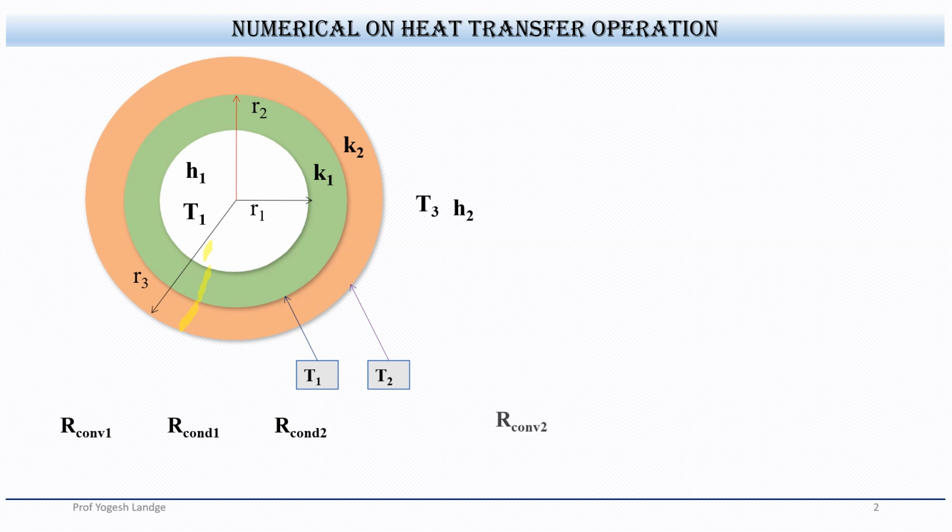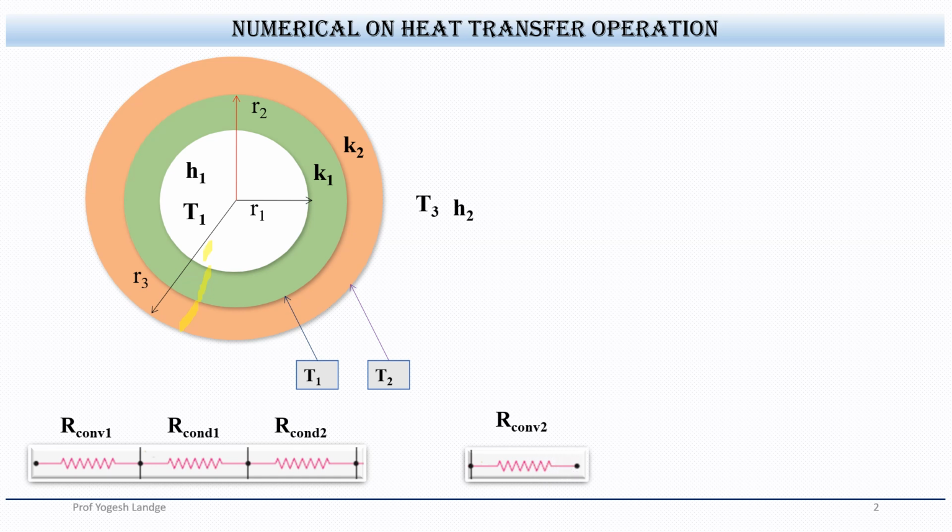And the last resistance is the heat transfer between this surface and the surrounding by air convection. Why I'm writing these three together and one away from that, I will tell you later. This is the diagram, the representation of the rate of heat transfer in this case.